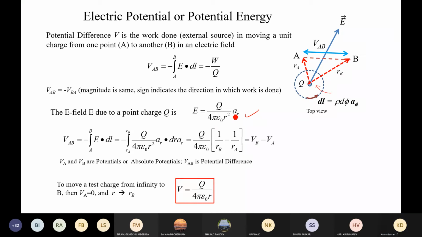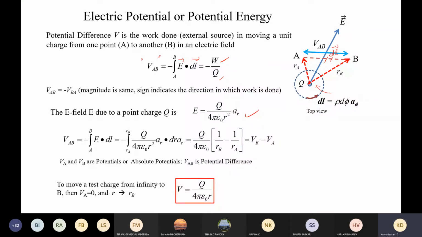Now due to this electric field, we can easily calculate the work done when we move a particular charge from point A to B. We calculate the work done and divide by the charge, which is nothing but the integration of the electric field with respect to a small dl vector from A to B. That is the potential acquired, or the potential energy acquired by the charge when it is moving from A to B due to the presence of the electric field E. This is often represented by V, which we call most of the time the potential difference.